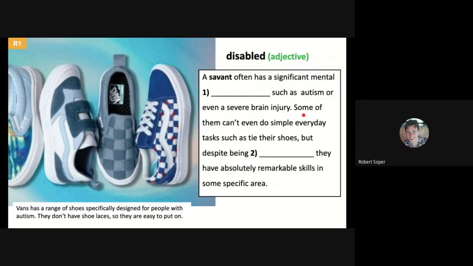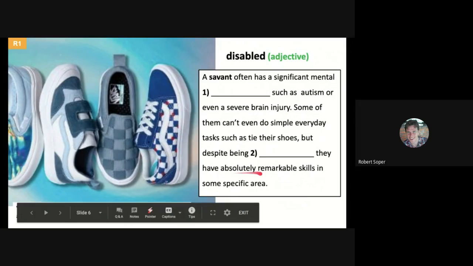Let's keep reading. Some of them can't even do simple everyday tasks, such as tie their shoes, but despite being something, they have absolutely remarkable skills in some specific area.